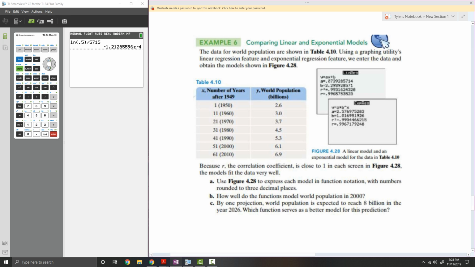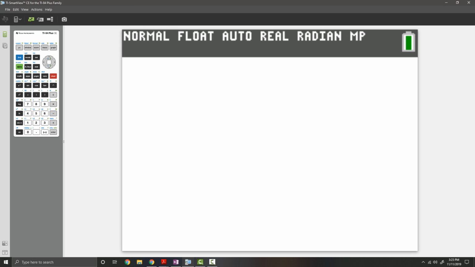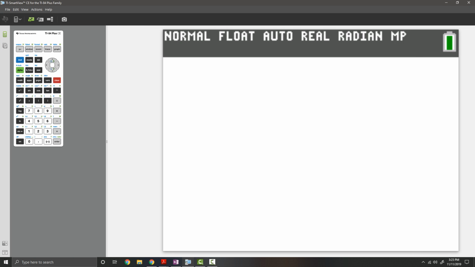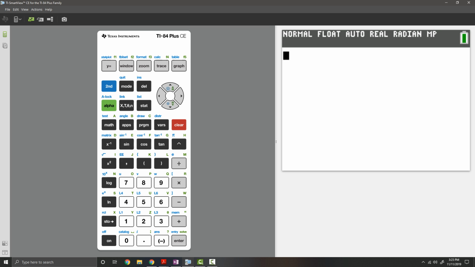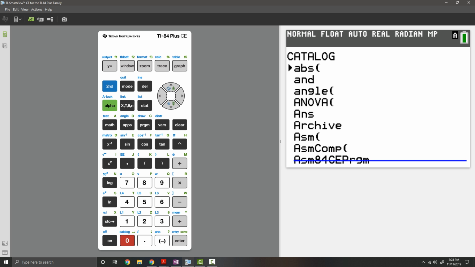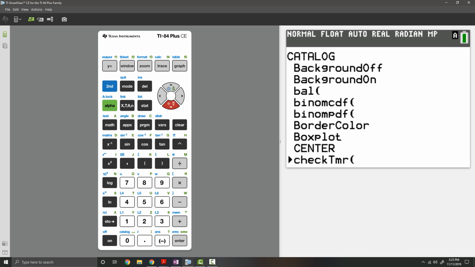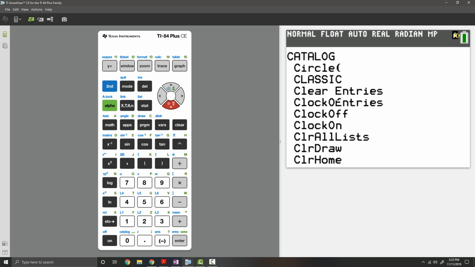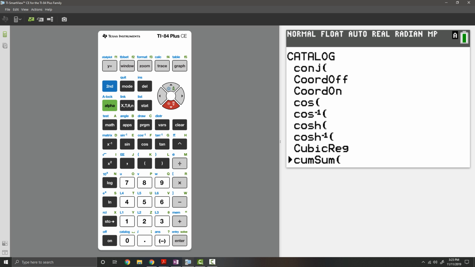So let me just real quickly show you something that you'll have to do on your calculator in order to get the correlation coefficient. Since we're focusing on the calculator right now, first off, you're going to have to go to second catalog, right? So you hit second, and then above 0 is catalog, and you scroll down until you find diagnostic on.